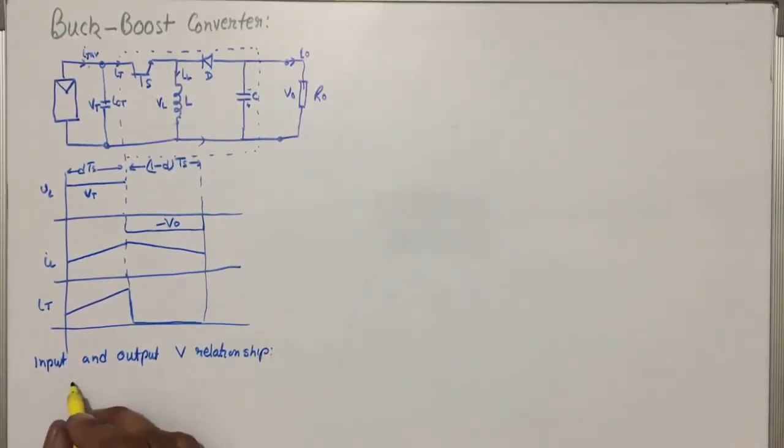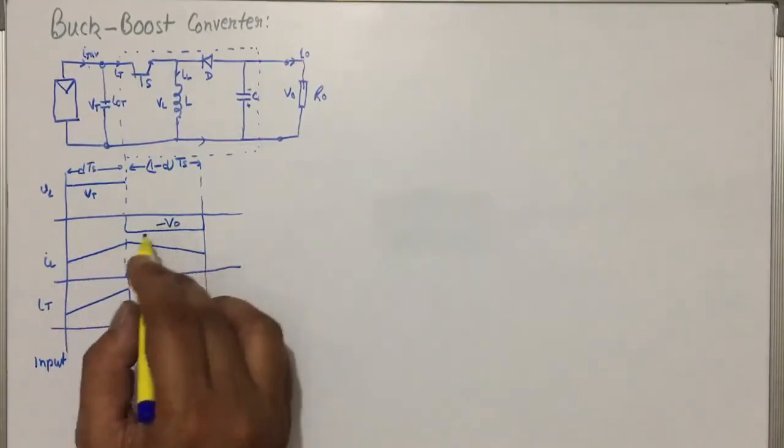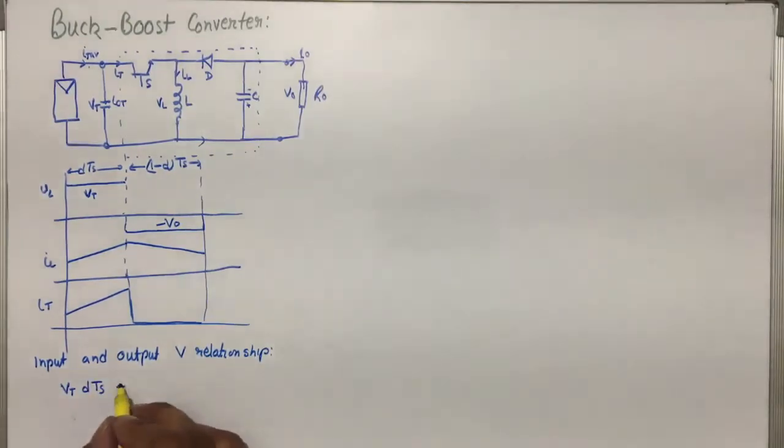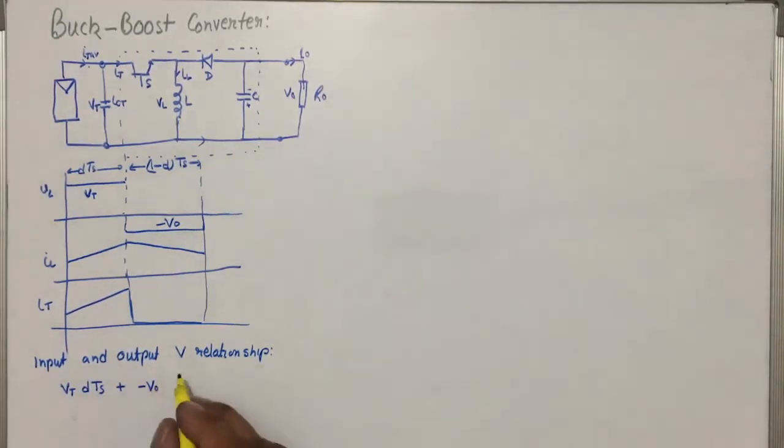So from there, this area should be equal to this area: Vt times dTs plus minus V0 times 1 minus d Ts should be equal to 0.